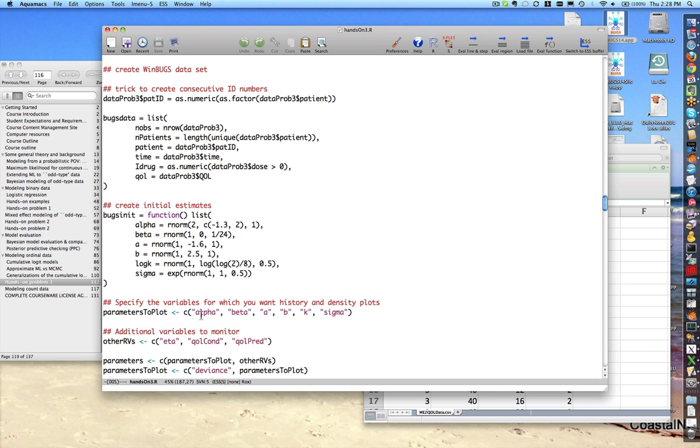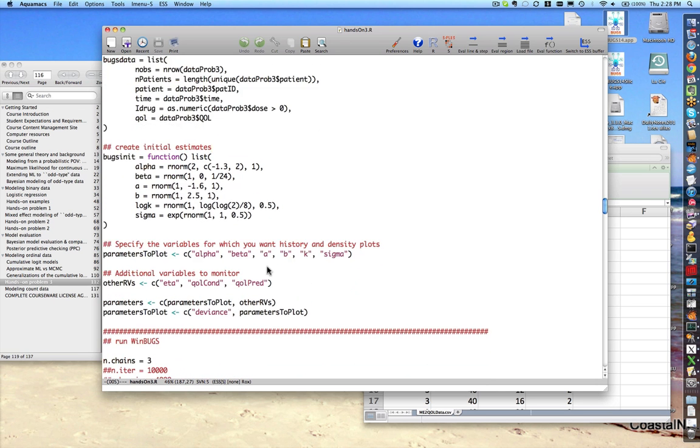Okay, so let's see. Then I'm going to tell it what parameters I want in here, and actually we need to decide what we're going to call the parameters. I didn't even mention that. One of the things we're deciding right here is what we want to call the parameters. So I've named them, and when we write the model we're going to have to continue these naming conventions.